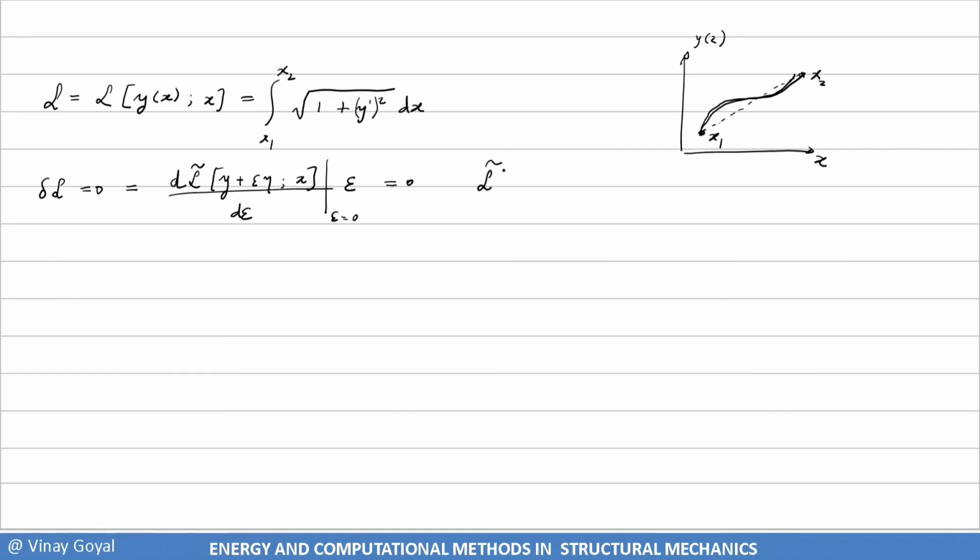L tilde equals the integral from x1 to x2 of the square root of 1 plus (y plus epsilon eta) prime squared dx. Okay, so hopefully that's clear. And now I have to find the derivative of L tilde with respect to epsilon, and that's easily done. So let's do that.